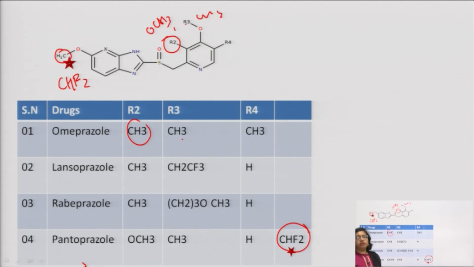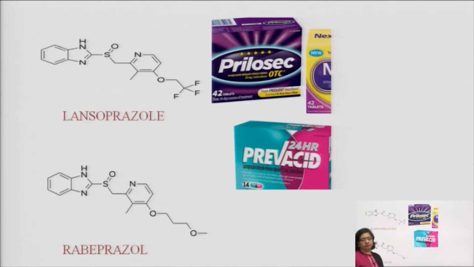So, if you write the structure of pantoprazole, you do not have to write the methyl group; the star mark means this star group will be here, that is your CHF2 difluoromethyl group. So, this is the chemical structure of pantoprazole.